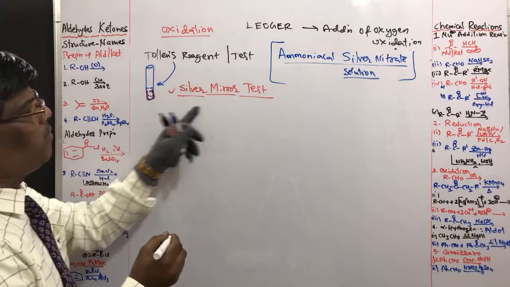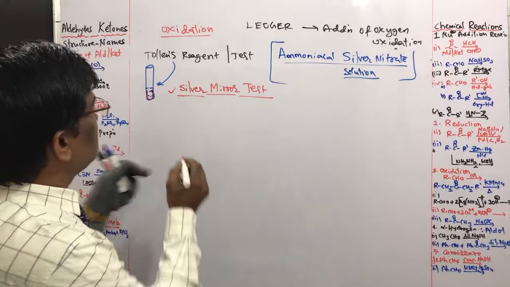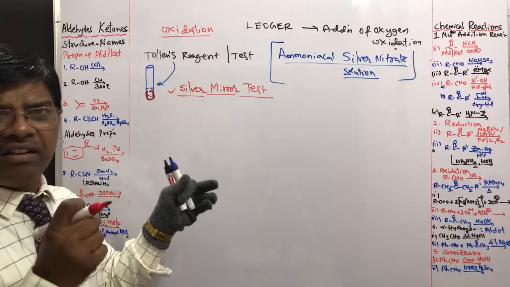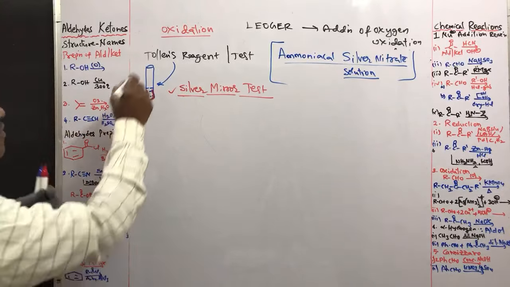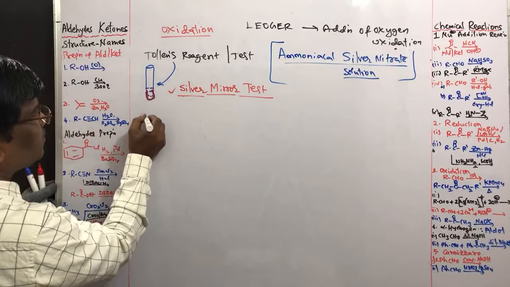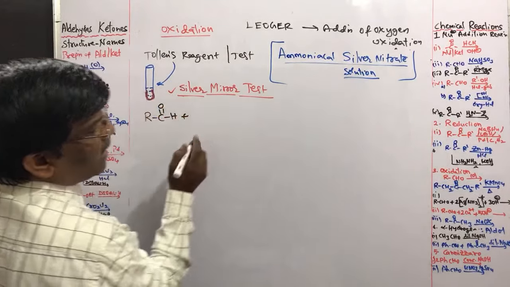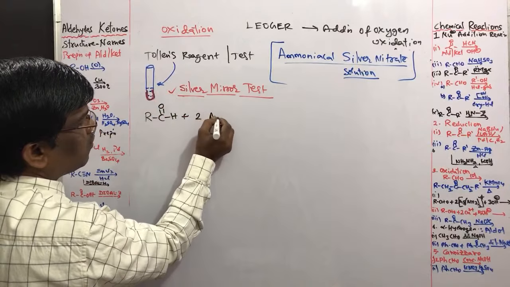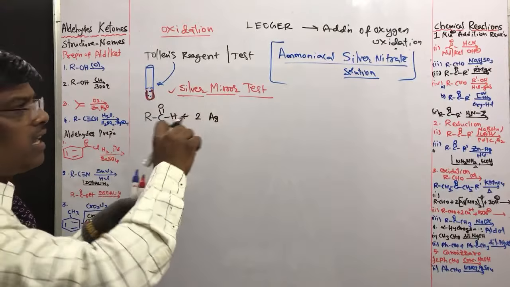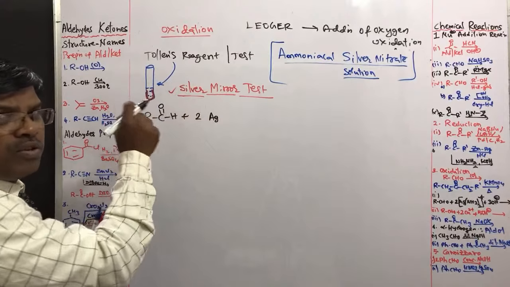Right. Silver mirror test: in the Tollens reagent test, the silver is formed as a layer on the test tube. It gives a bright silver color. So what is the equation? What is going to happen in the test tube? This aldehyde, when I add ammoniacal silver nitrate, say 2 moles, don't worry about the equivalence, and during the test just add ammoniacal silver nitrate and heat on a Bunsen burner. In previous days we used to heat it on a Bunsen burner.